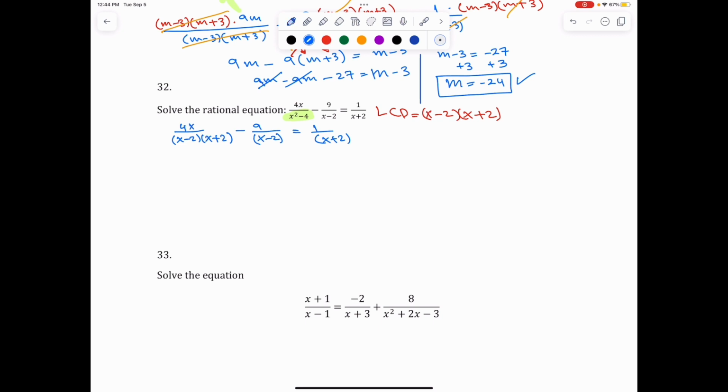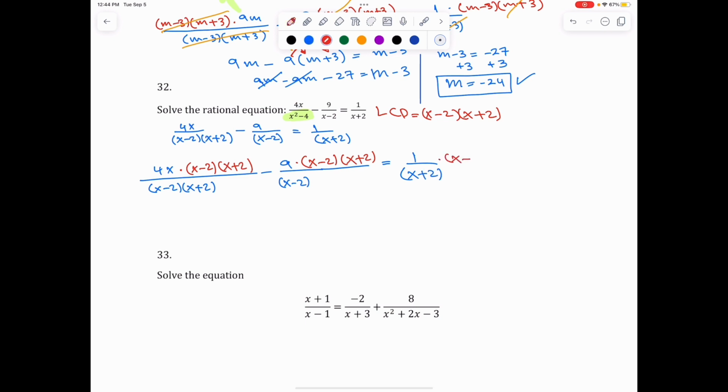I will have 4x over x minus 2 times x plus 2 times x minus 2 times x plus 2, which is the least common denominator, minus 9 over x minus 2 times x minus 2 times x plus 2 equals 1 over x plus 2 times x minus 2 times x plus 2.